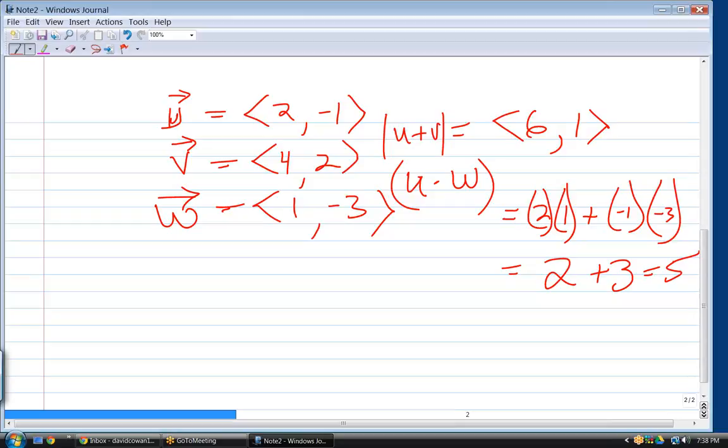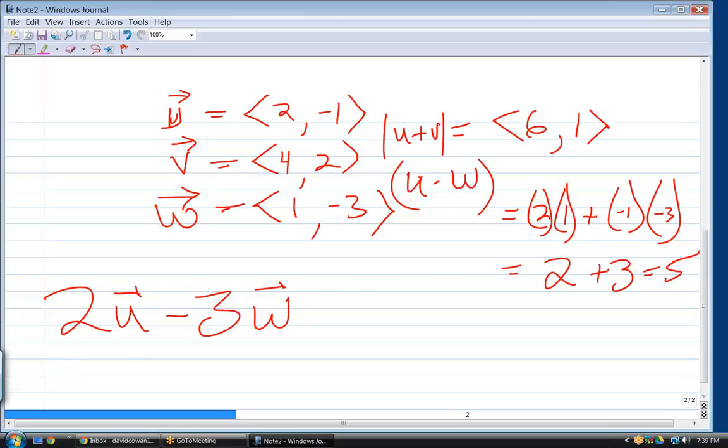All right. What else do you have with these three vectors here? 2u minus 3w. When you multiply a vector by a scalar, in other words, when we multiply u by 2 and w by 3, just multiply each component.